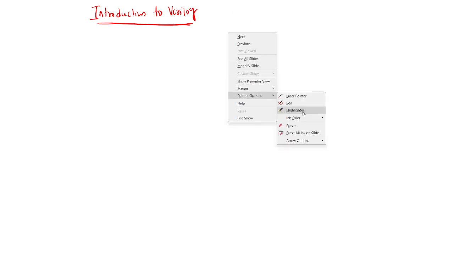So today we'll start with the introduction to Verilog. Basically, if you look at programming languages, there are two types.